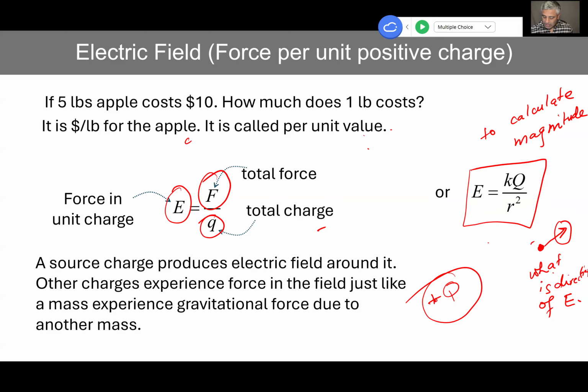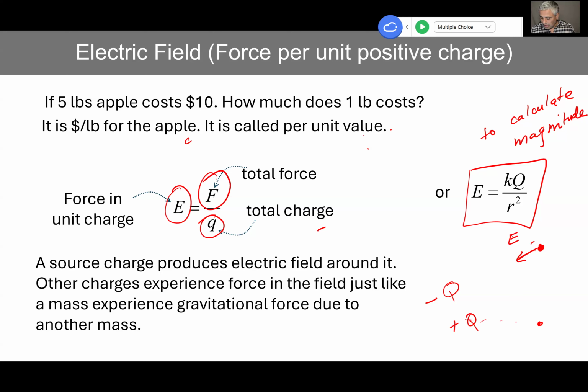However, if the source charge was negative, then it would attract the positive charge, so the direction of the electric field would be the other way. The direction has to always be along the line joining them. For positive Q, the field is radially away from it.